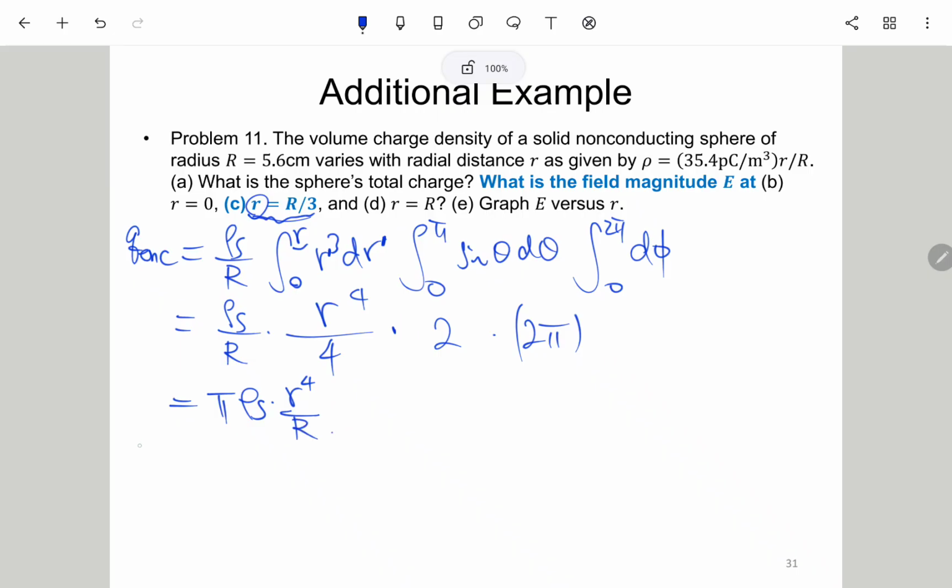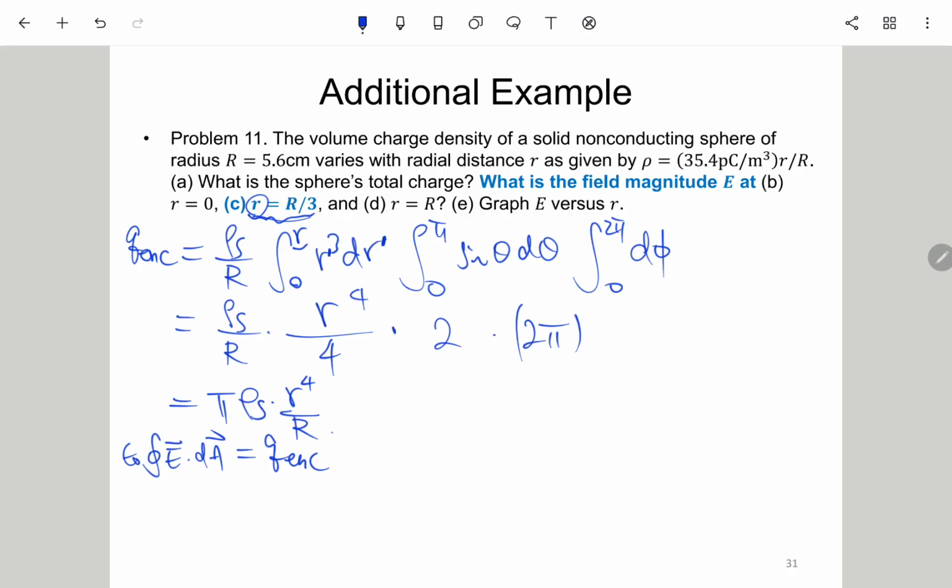So finally, we would like to find Q enclosed at R equals capital R over 3. E will be like the integration of E dot dA times epsilon naught equals Q enclosed.